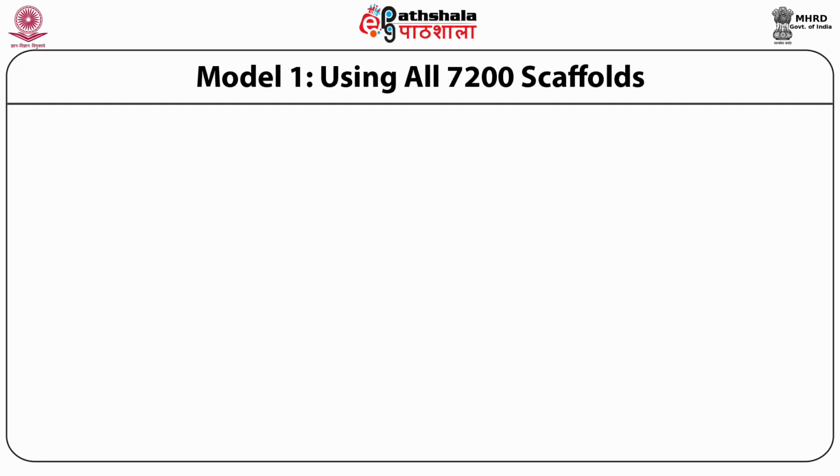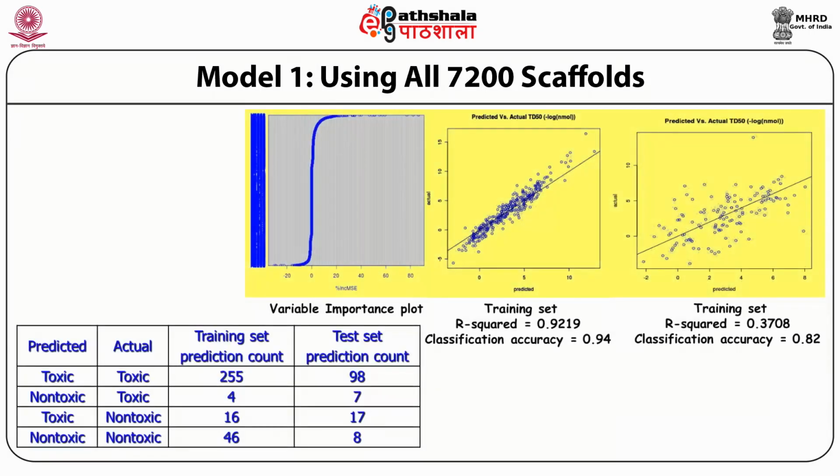Papers are shown below; we followed the same techniques. It shows two models. One uses exclusively all the 7,200 models, and you can see how the models predict against actual values, for the training set and test set. You can see the differences.